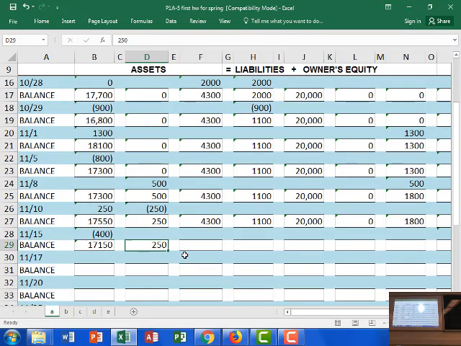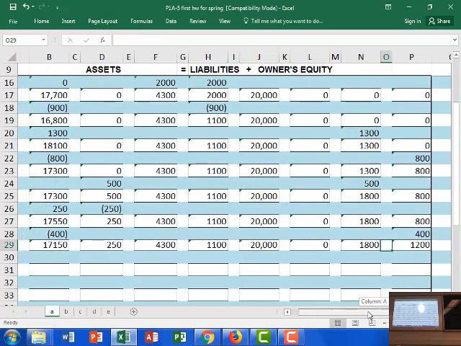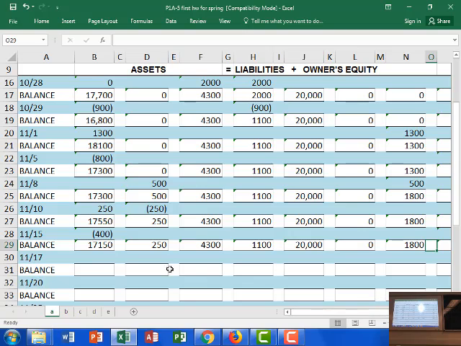Now this is interesting for the 17th. Listen to what it says. He decided that he was going to pay his home electric bill from the company's checkbook. Which two accounts? Withdrawal and company's checkbook.